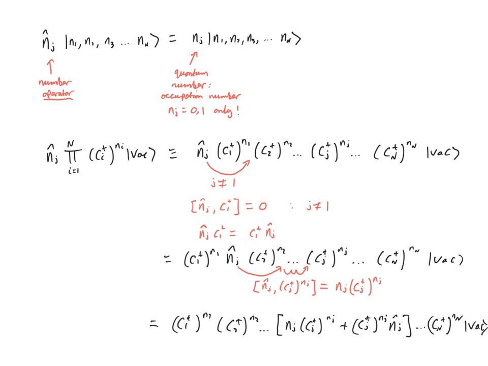And that's just the original state that we started out with, which gives us nj, the occupation number of orbital j, multiplied by c1 dagger to the power of n1, c2 dagger to the power of n2, and so on, all of that acting on the vacuum. And of course, this then gives us our original state back again.